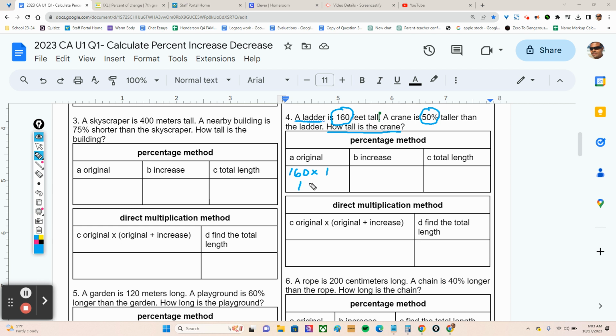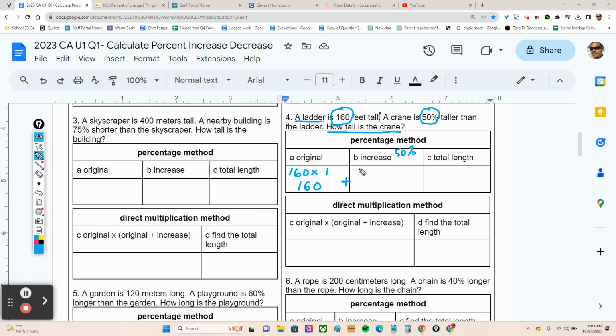That's obviously 160, and that represents 100%. So we're taking 100% of the original number. Then it says taller, so we're going to have to add 50%. The increase is 50%.